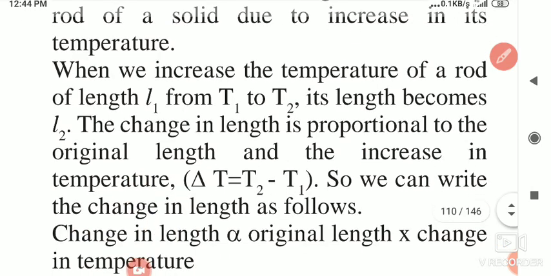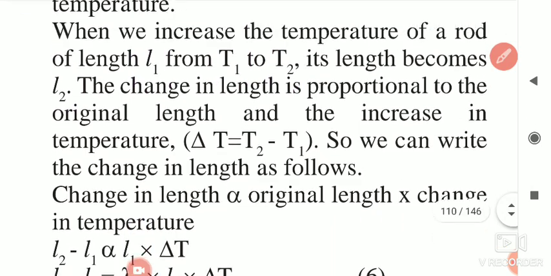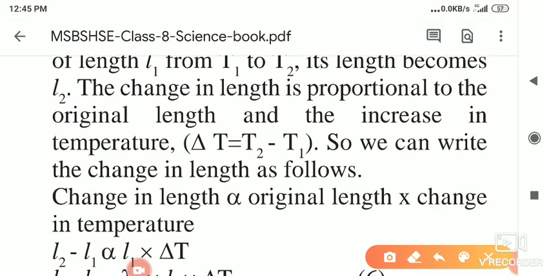Now when we increase the temperature of a rod, the length L1 at temperature T1, the initial temperature, when we provide heat to it, its temperature becomes T2 and its length increases, and the length becomes L2. The change in length is proportional to the original length and the increase in the temperature.